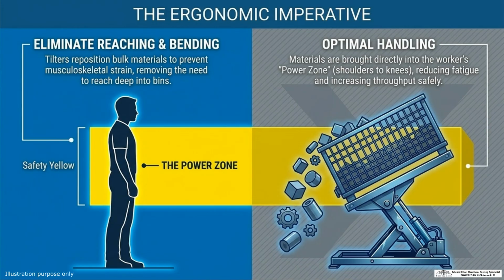Tilters solve this by repositioning the load into what ergonomists call the power zone, roughly shoulders to knees, where the human body handles material most efficiently and with the least risk of injury. Safe machine, safer worker, better throughput. That's the value proposition.